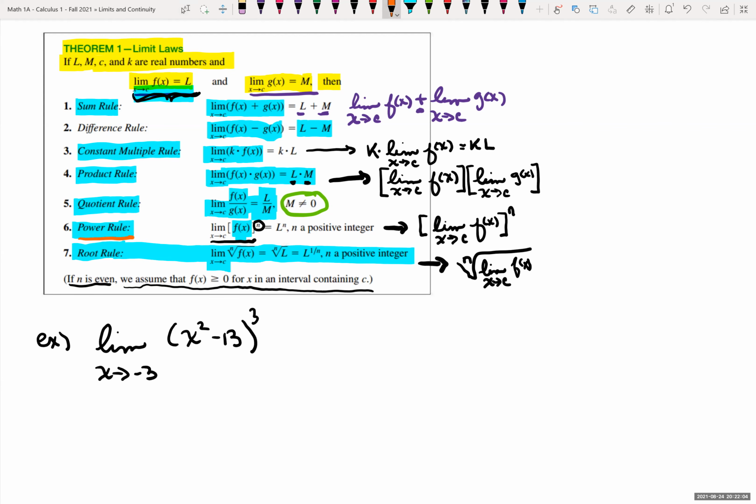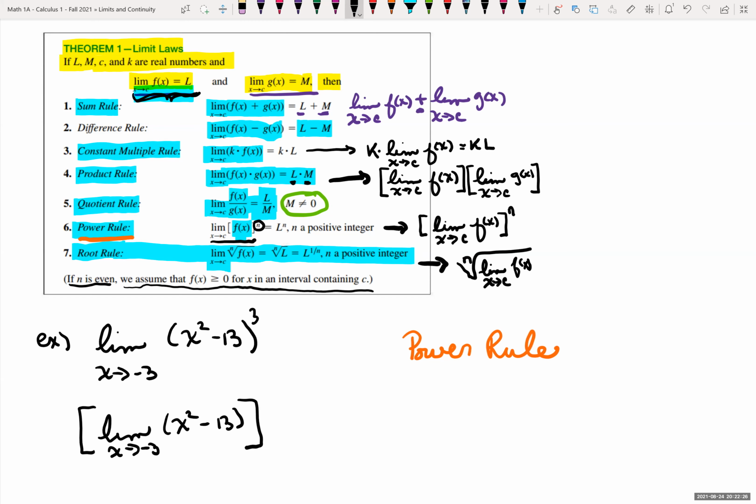And so I want to use the power rule. So by the power rule, we could rewrite this as putting the limit inside. So we can look at the limit as x is approaching -3 of x squared minus 13, and this is quantity cubed.